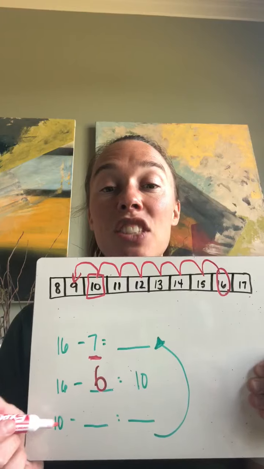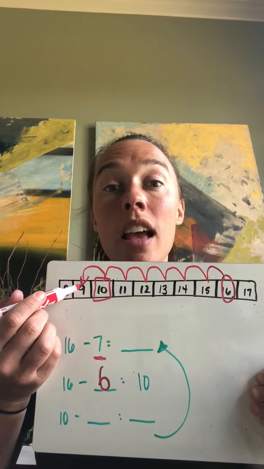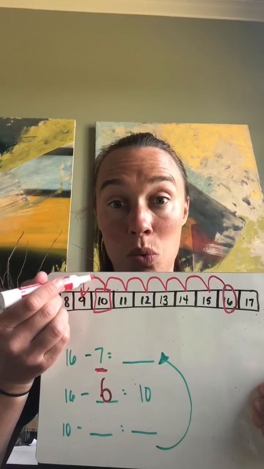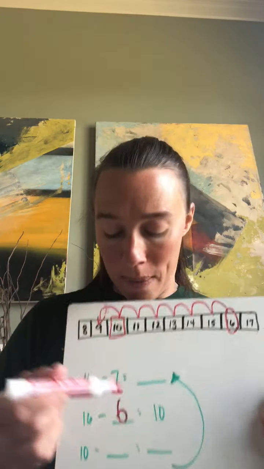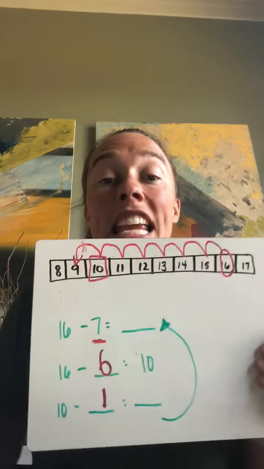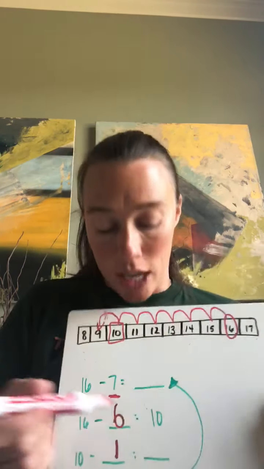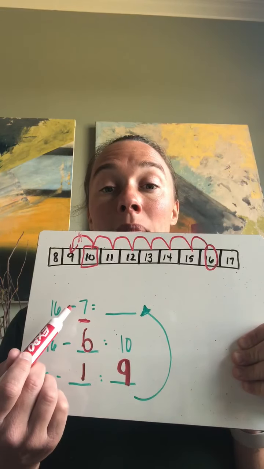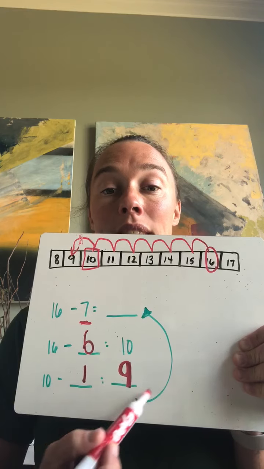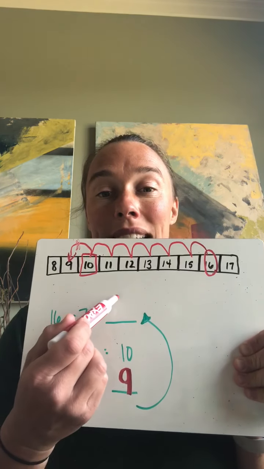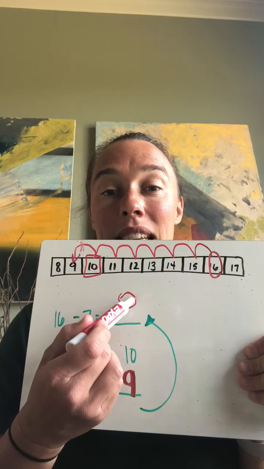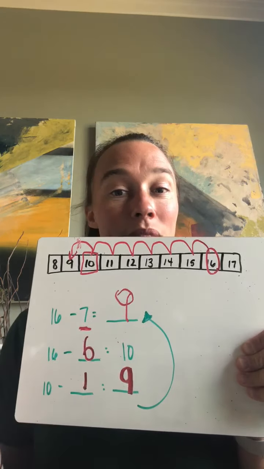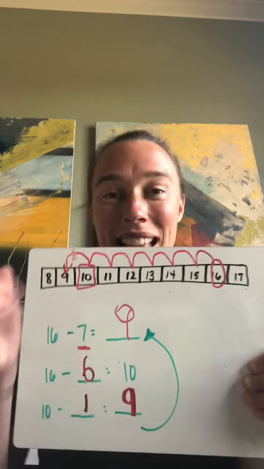And then I have 10 minus 1 more hop. See this 1 hop right here? That's my 1 hop. 10 minus 1 equals what? What did I land on? 9. So my answer to 16 minus 7 is 9. Ooh, that's a crazy backwards 9, Miss Metz.